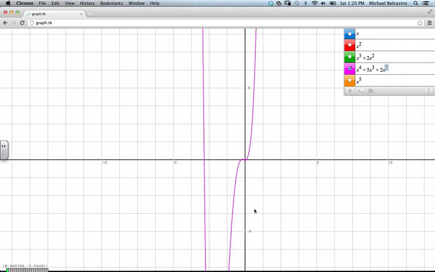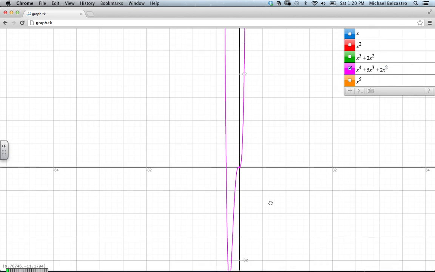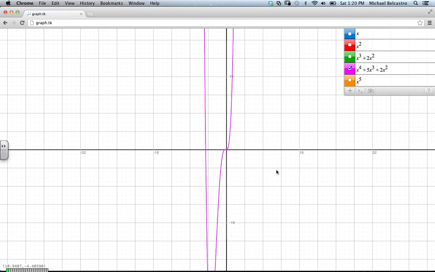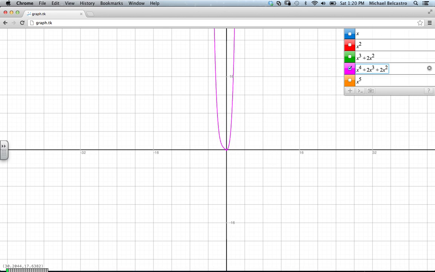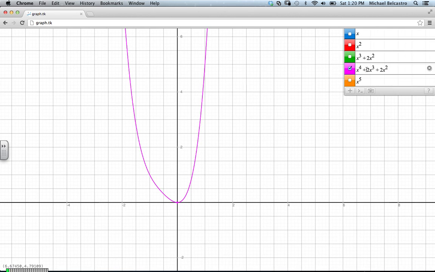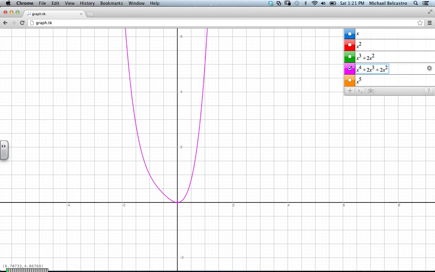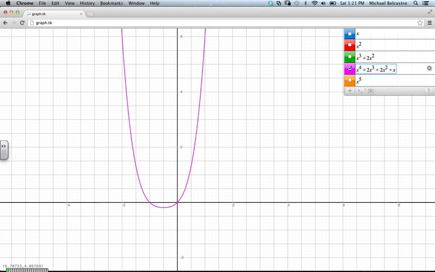That's so hard to tell. Let's change this number here. Zoom in a bit. No, still hard to tell. We'll play around with these numbers until we get something that is somewhat clearer. Let's just add an x.